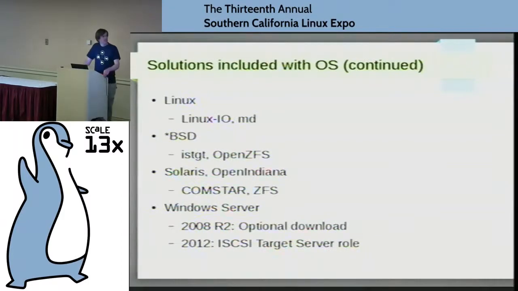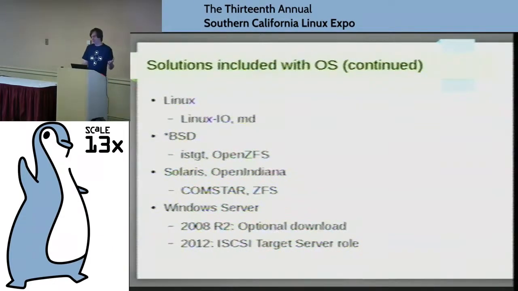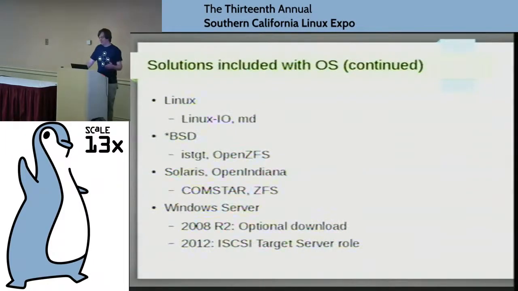When you're setting up iSCSI, you can use whatever is there, like Linux IO, for setting up the iSCSI target, and as far as the disks, you can use whatever the OS supports, which is a lot of different configurations, pretty much whatever you want.